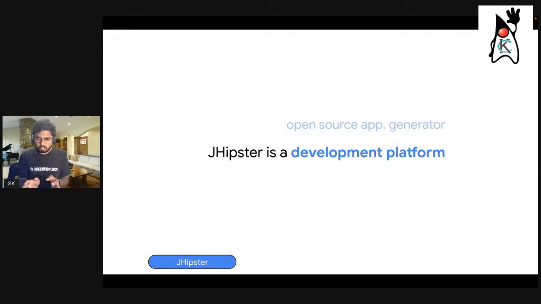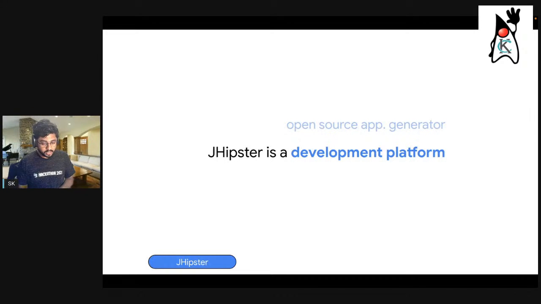I would also call this a development platform, because it doesn't stop at just generating the application, throwing it out in the wild, and moving away from it. It creates all the dependencies that are required for you. For example, when you're writing a full stack application today, you might need Docker components. You might need to create containers out of it and run it as an image.